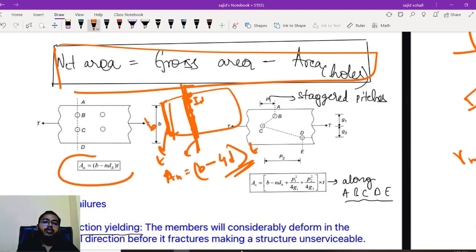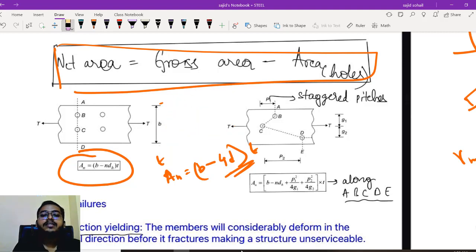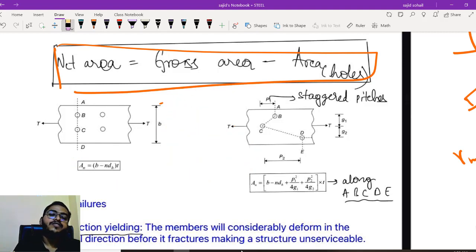So what is your formula for net area? It is nothing but B minus nD, where d is the diameter of the holes and n is the number of holes, into the thickness of your plate. Concept is clear, right? So next comes a very important part, and this formula is very important, you have to remember.